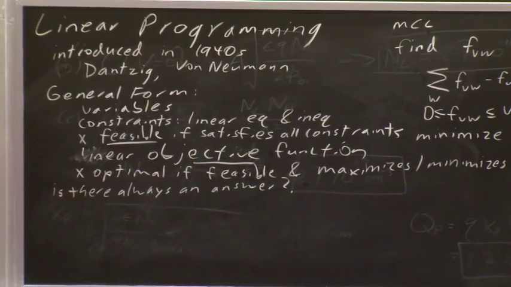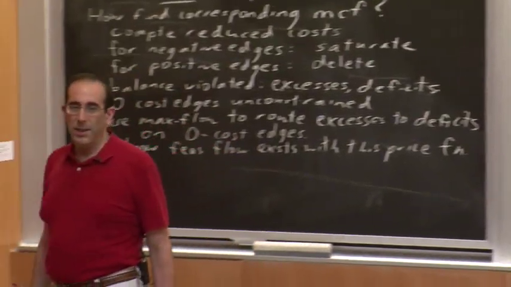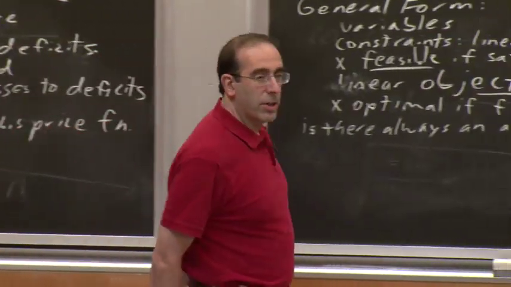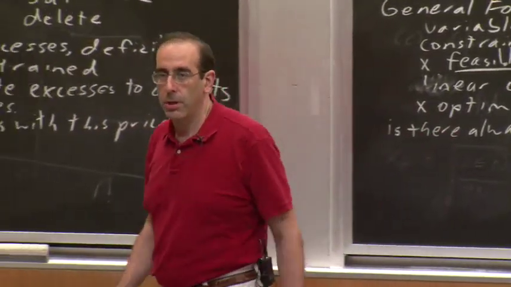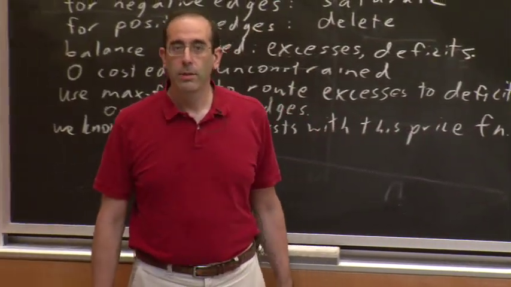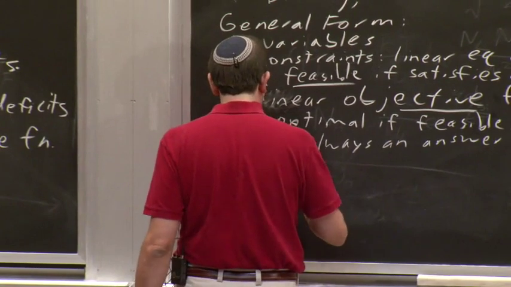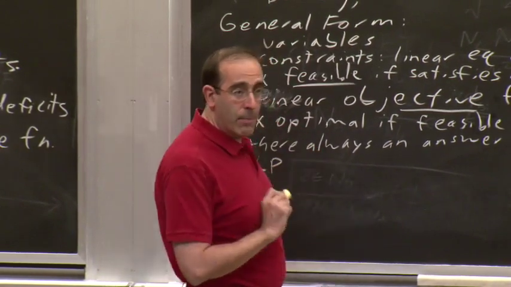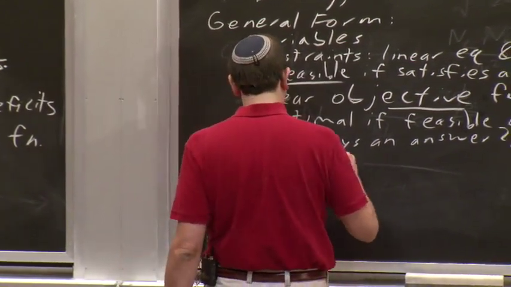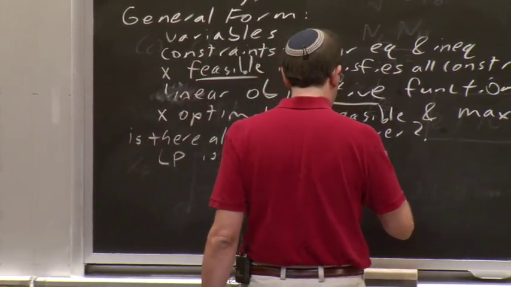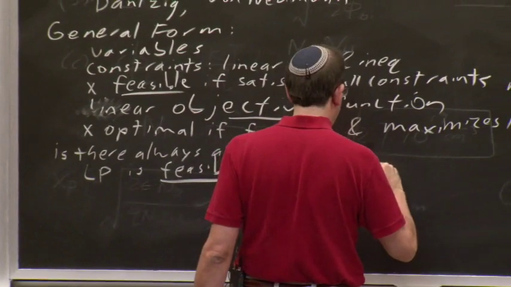So if I give you an arbitrary collection of linear equalities and inequalities and an objective function, is there always an optimum solution to that? Well, no. So we might want to restrict ourselves and just talk about a particular linear program being feasible if there exists at least one feasible point.